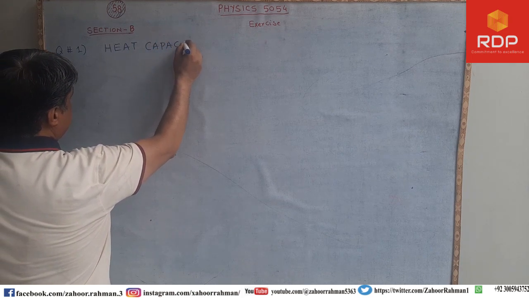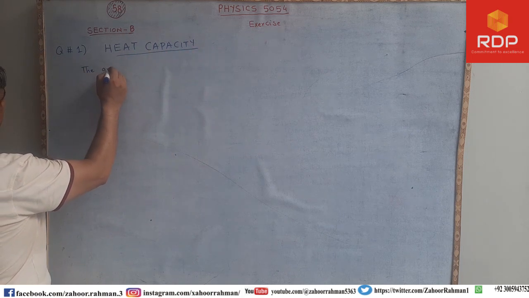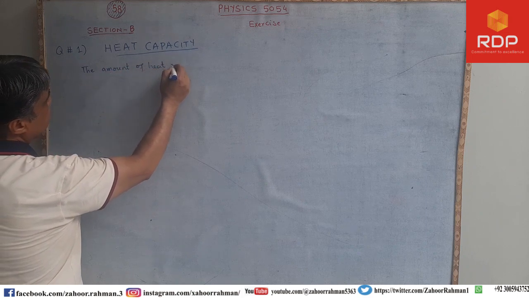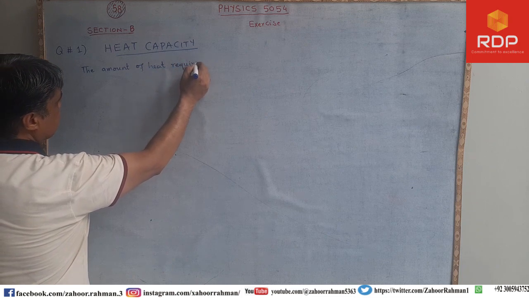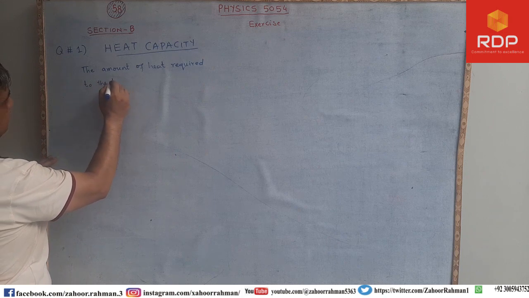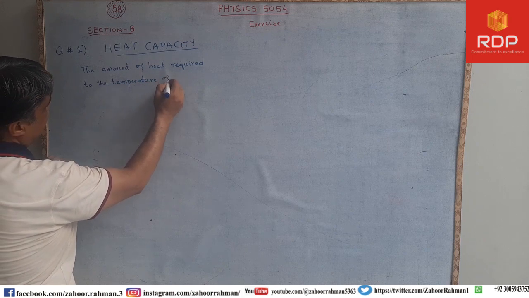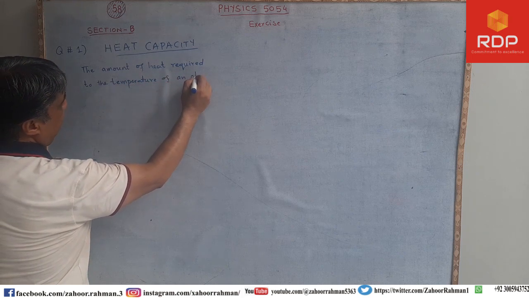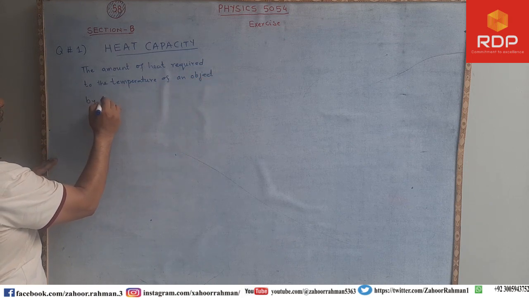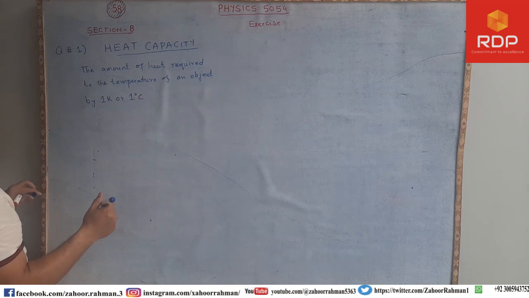Heat capacity: the amount of heat required to raise the temperature of an object by 1 Kelvin or 1 degree Celsius.